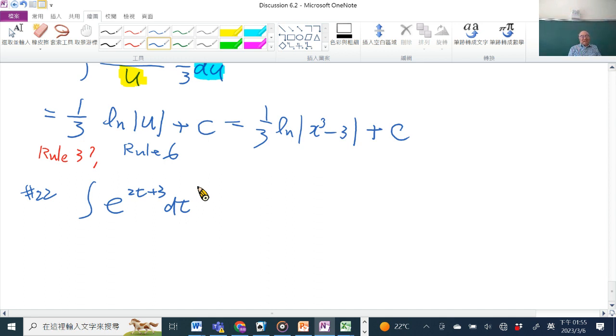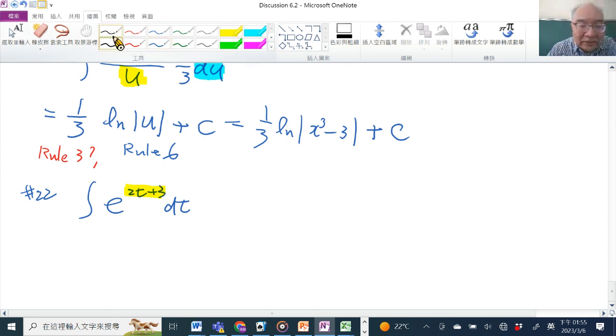It bothers us if we have an exponential with power more than a single variable. So we have 2t plus 3, which suggests we might replace that with a single variable u.